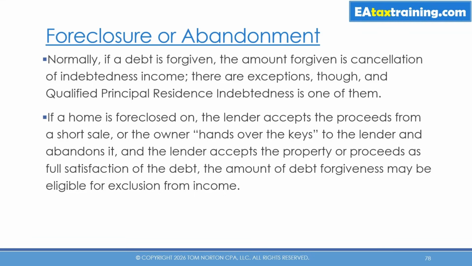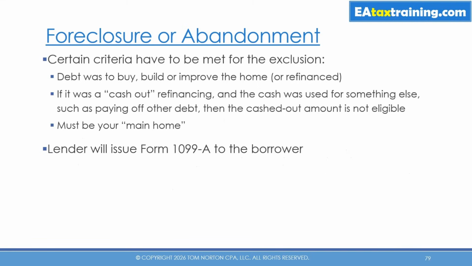So, if one way or another you hand the keys of your house over to your lender and they accept that as satisfaction of the debt, if you meet these requirements, you can exclude that debt forgiveness from income. What are the requirements? The debt had to be to buy, build, or improve the home, or it was a refinance of a debt that was used to buy, build, or improve the home.